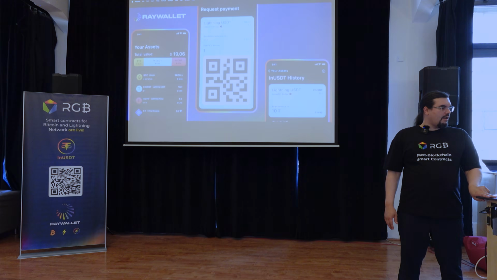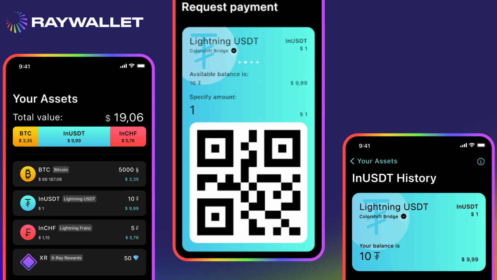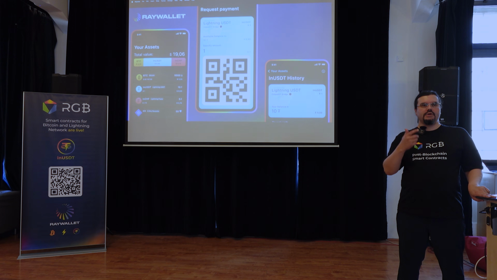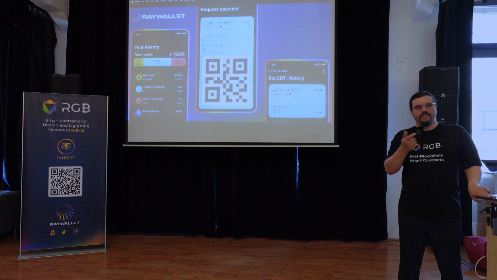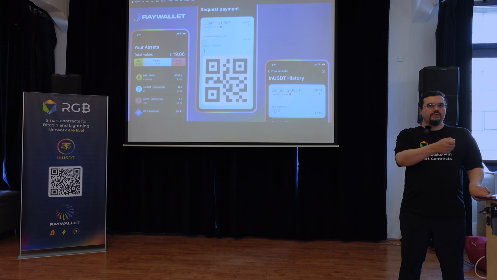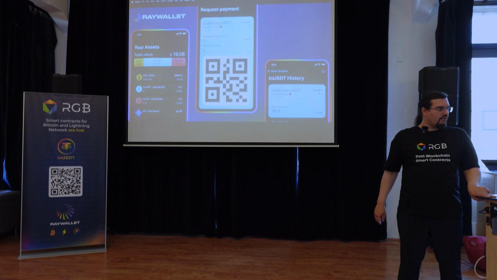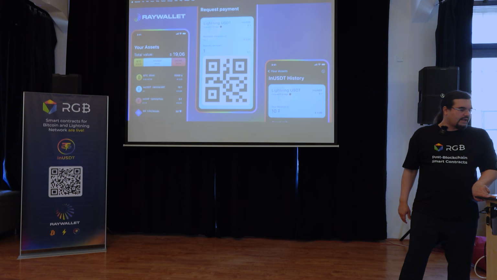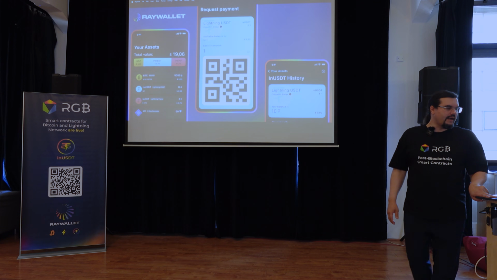And this LN USDT can be used with the Ray wallet, a wallet which we also presented last year in Lugano Plan B. We have upgraded the Ray wallet to version 0.12. It's a very easy to use mobile wallet where you can do instant peer-to-peer payments just by putting two phones together or scanning a QR code. And this wallet comes from day one with Lightning USDT.